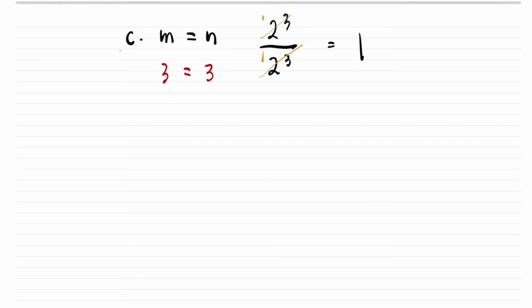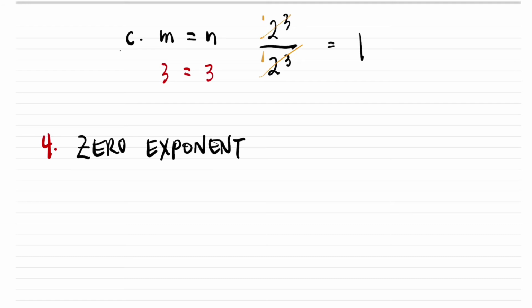Next, we go to the fourth rule, which is what we call the zero exponent.